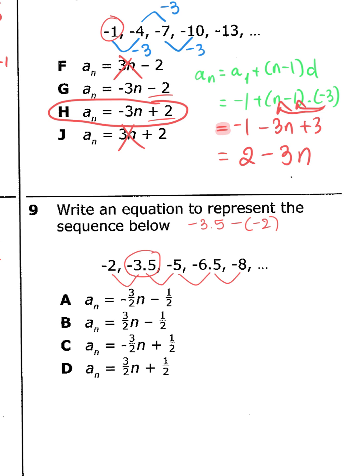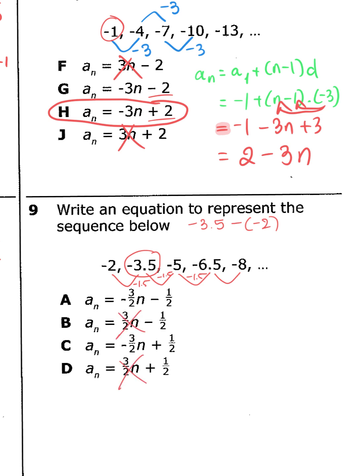And the difference will be minus 1.5. Okay, you do the same thing. You take negative 5, you subtract negative 3.5. The difference will be negative 1.5 every term.